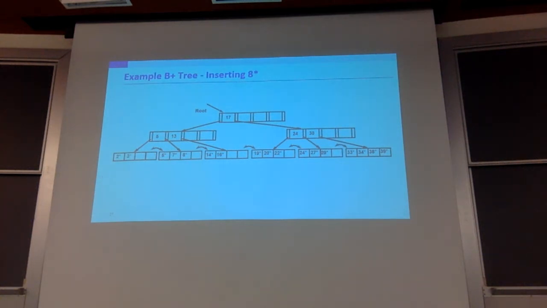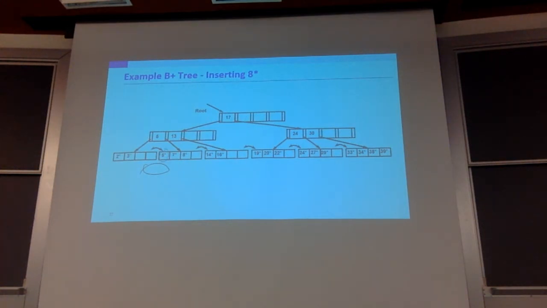So basically, you start your split here, then go up until you find some space there, or you reach the root. And notice there's one little tricky part of this process. When you do a split, if your split is on a data page, that means you are splitting something with data entries.